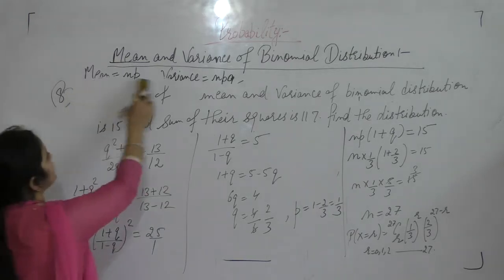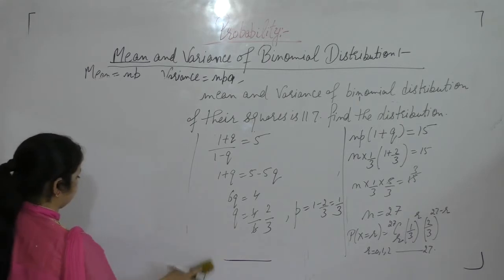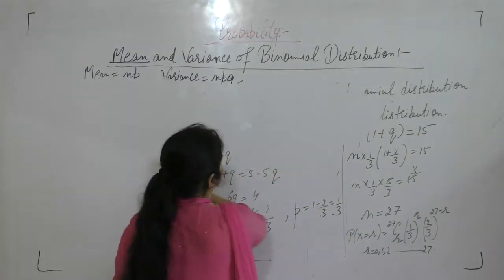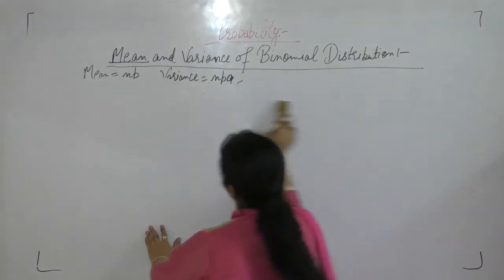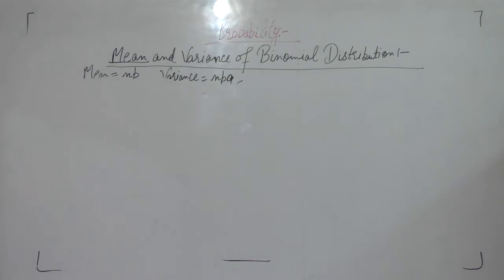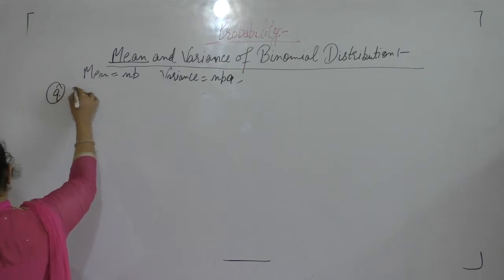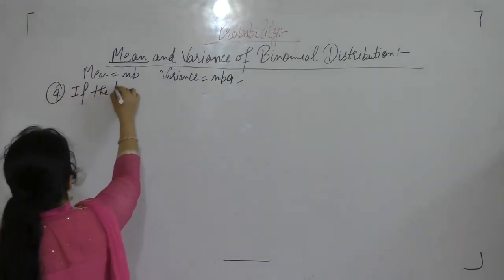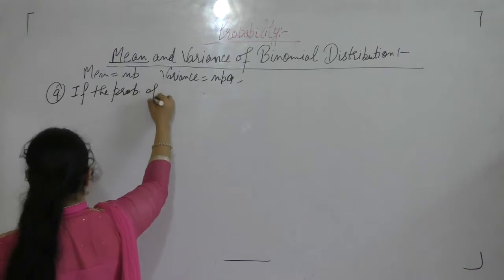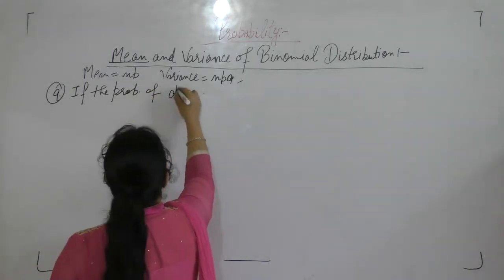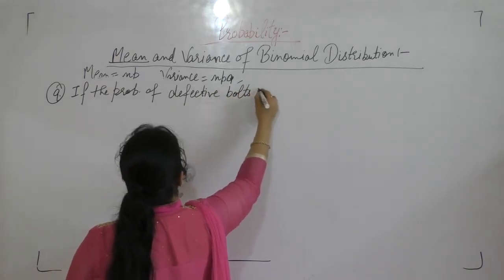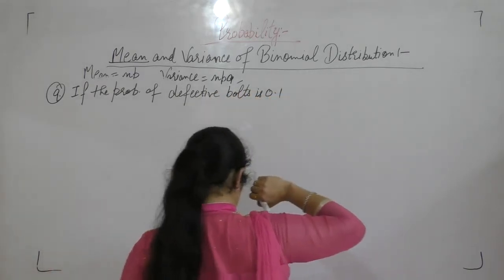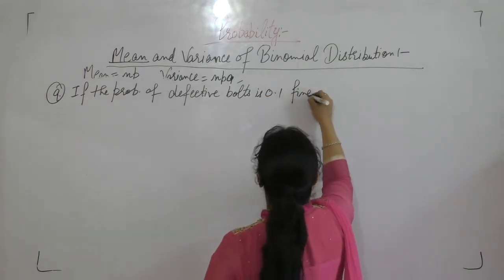Now the next one is question number 9. If the probability of defective bolts is 0.1, find the mean and standard deviation.